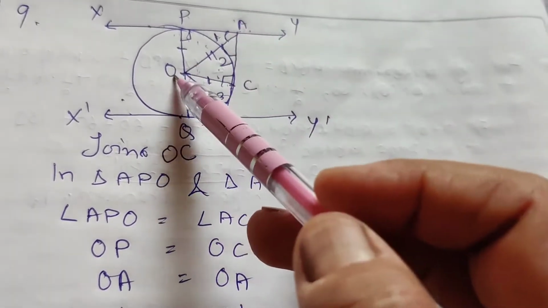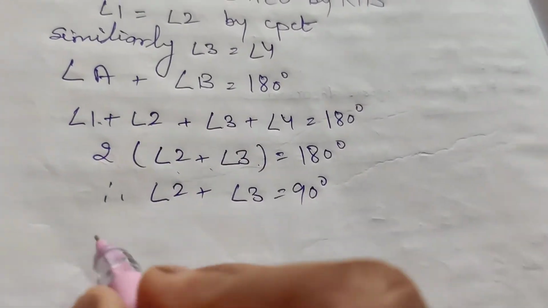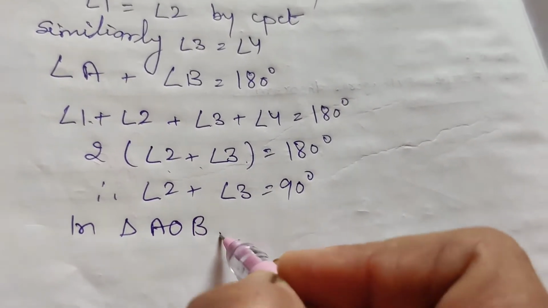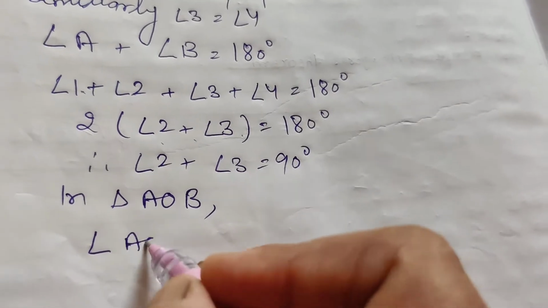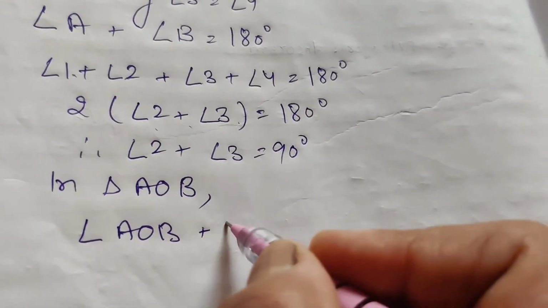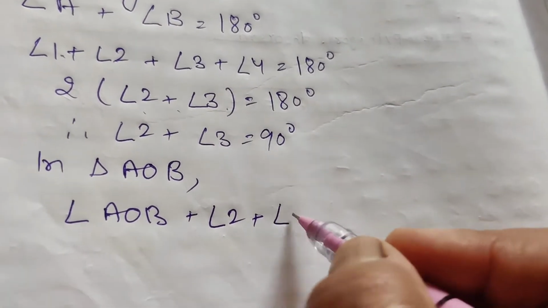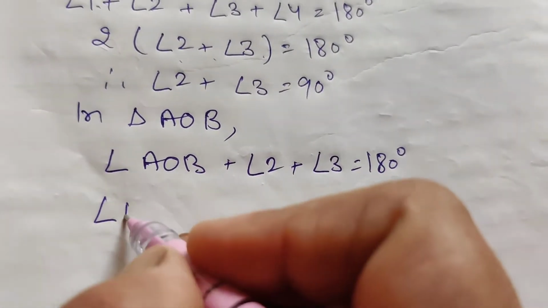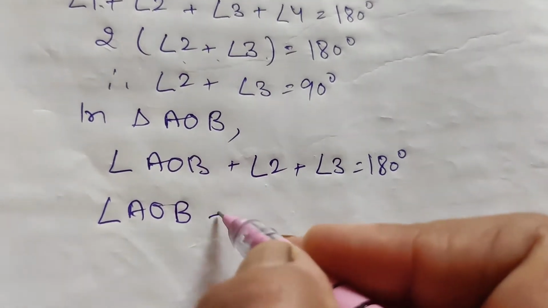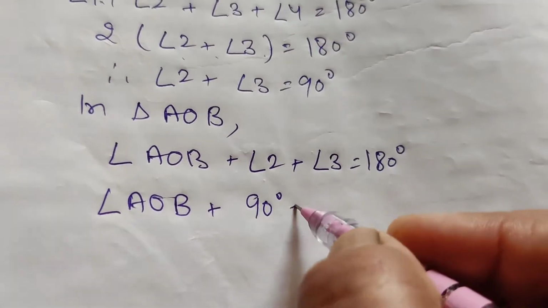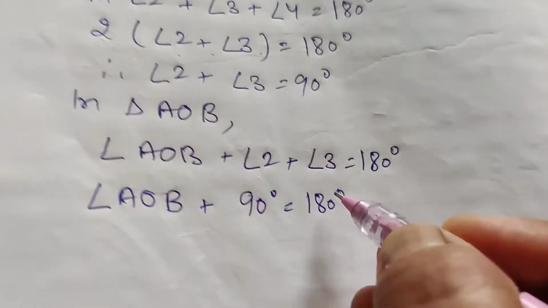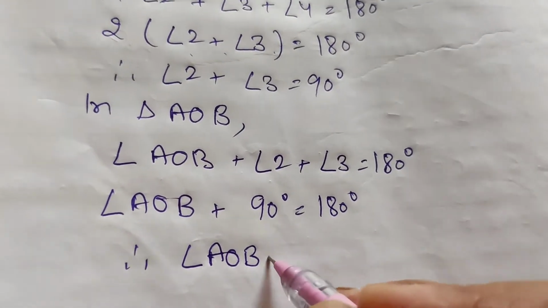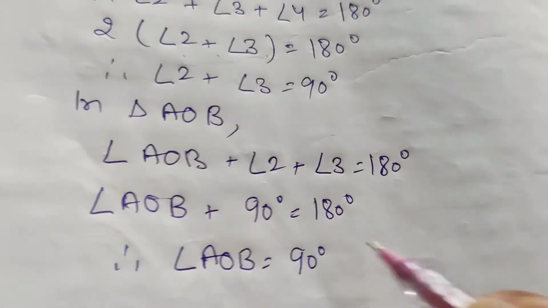In triangle AOB, angle AOB plus angle 2 plus angle 3 equals 180 degrees, and angle 2 plus angle 3 is 90 degrees. Therefore, angle AOB equals 90 degrees.